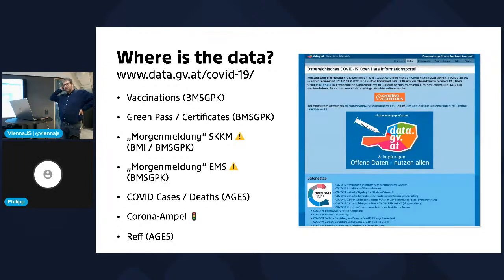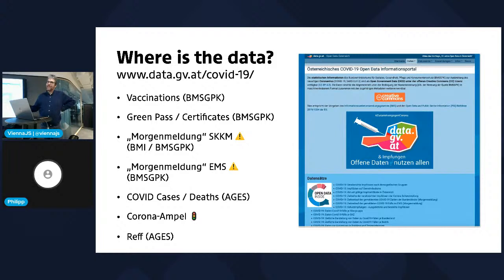Where is the data from? And you can download it too if you want. It's mostly open data, and you find it at data.gv.at. This is the official open data portal of Austria, and they provide you data about vaccinations.